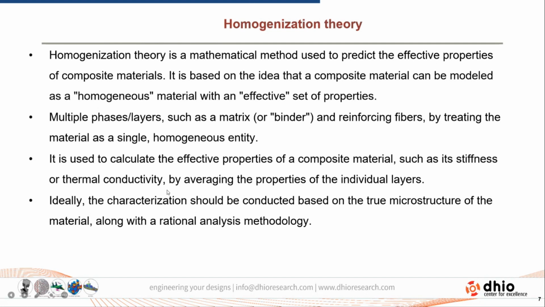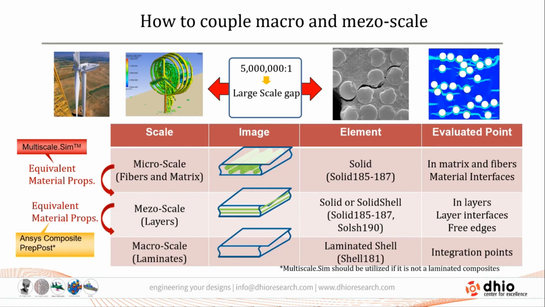In order to develop the material properties, we need to characterize the microstructure of the material, which I will show in the next slide. For example, suppose you want to perform material property determination for a wind turbine blade.